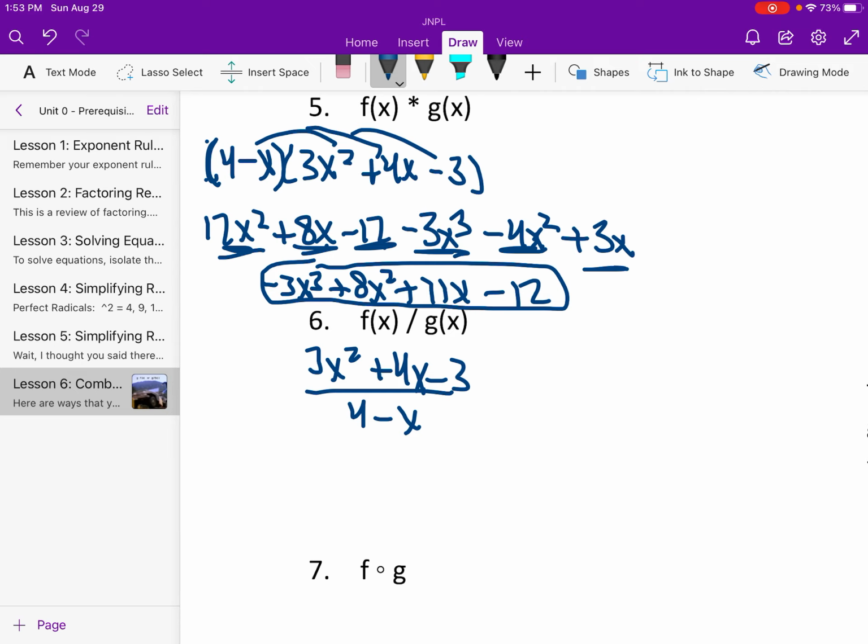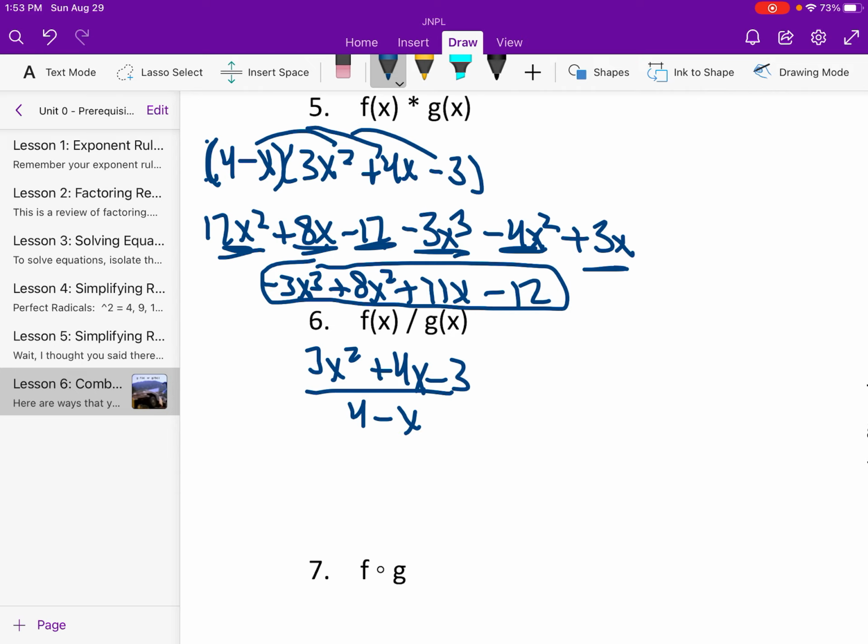Now, what we can do is divide like terms. Well, actually, for this one, you would want to use a certain kind of division, like maybe synthetic division, but I didn't think about that.